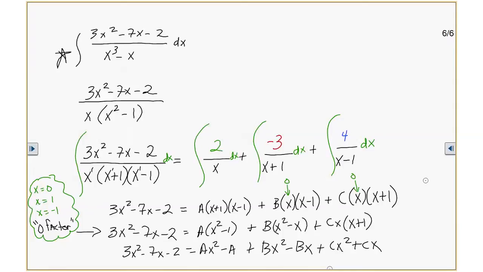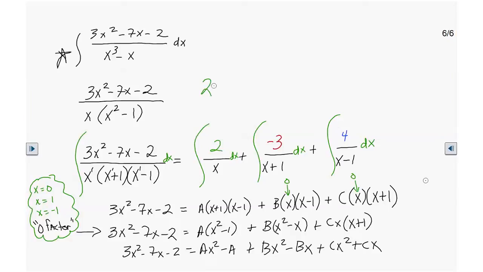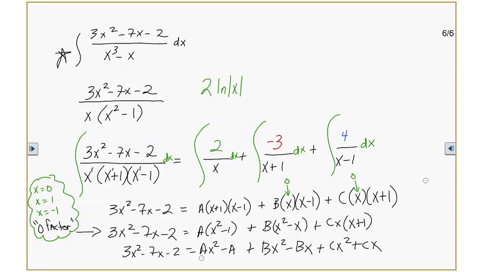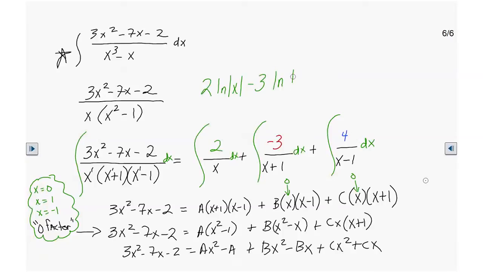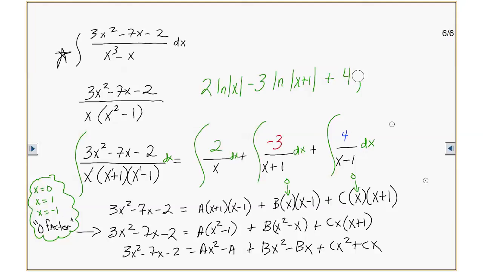Well, 2 natural log of what? x plus or minus 3 natural log of what? Plus what? Natural log of x minus 1.